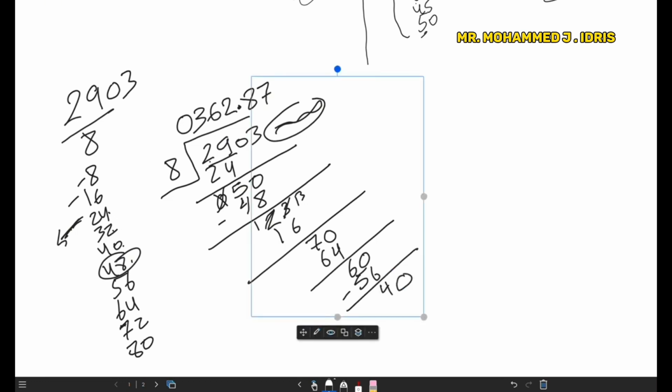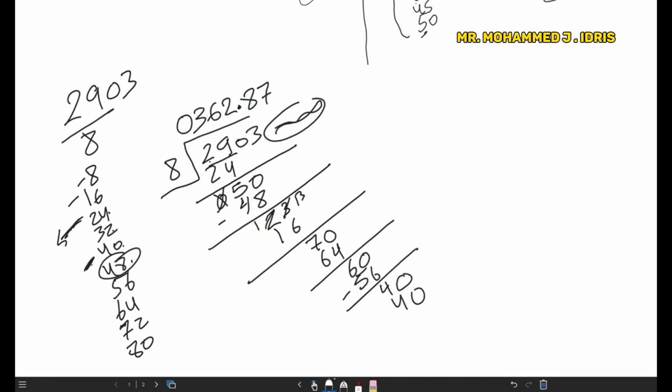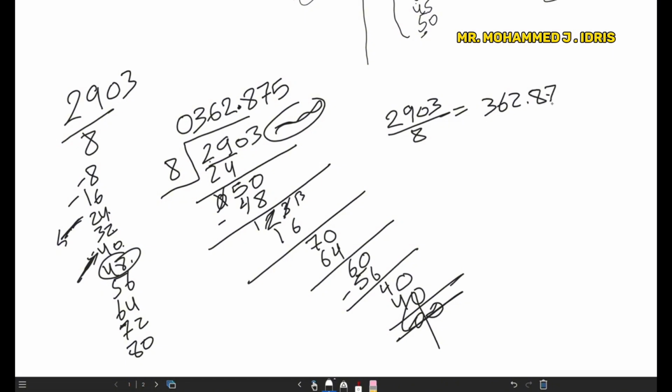And then I add another 0. 40. I have 40 in the multiples here. This is it, which comes from 5. 0, 0, done. So the answer to 2903/8 equals 362.875. That's how it's done.